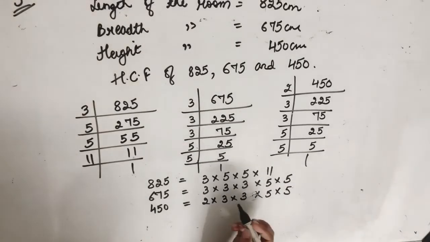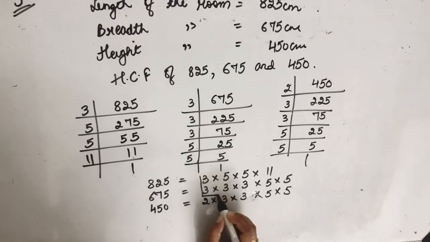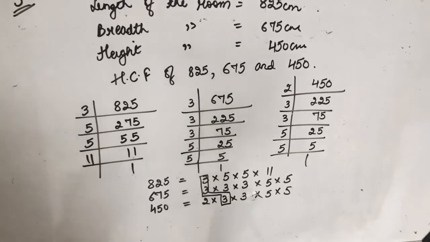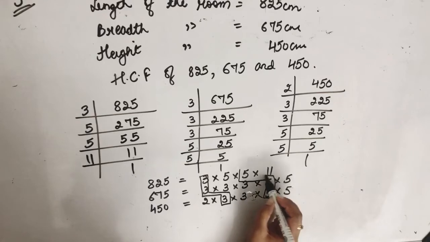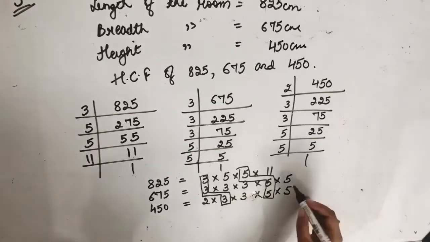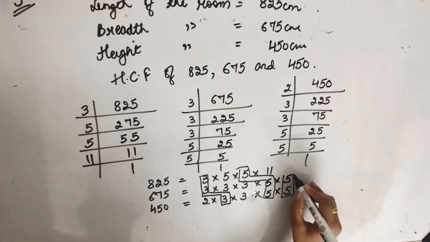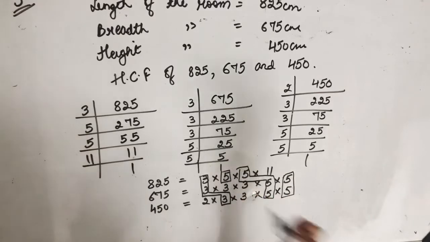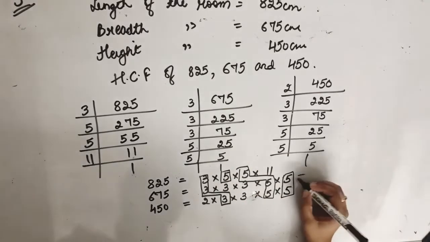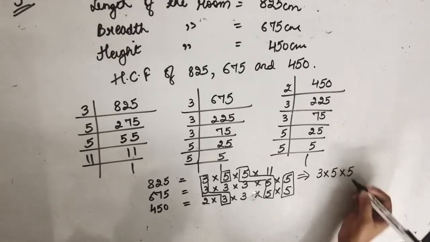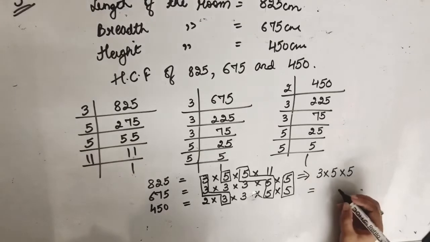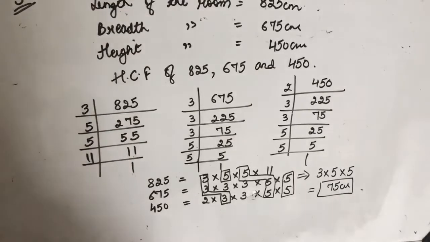So common factors will be 3 and then 5 and then one more 5. So it will be 3 into 5 into 5. So HCF is equals to 75 centimeter.